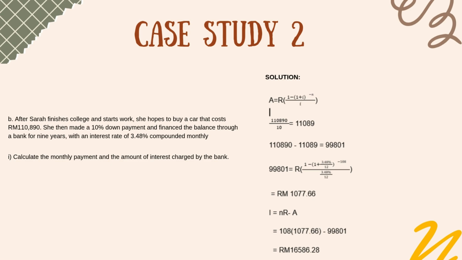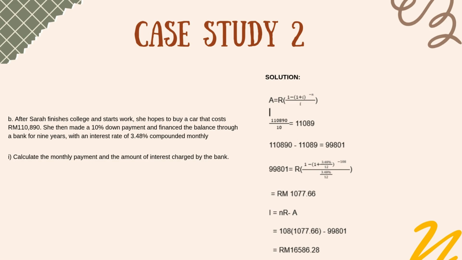We are given that the total price is 110,819 ringgit and the deposit is 10% of that. So 110,819 divided by 10 gives us 11,089 ringgit. Now, we use the annuity formula, which is A equals R multiplied by [1 minus (1 + i)^(-n)] divided by i.